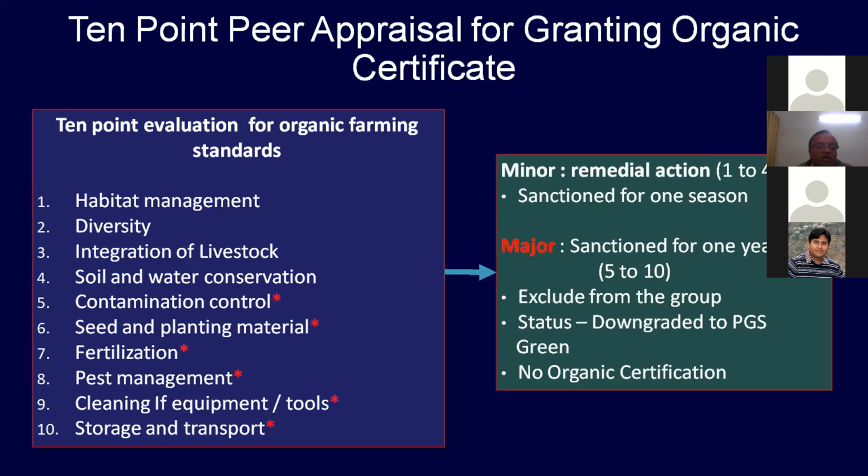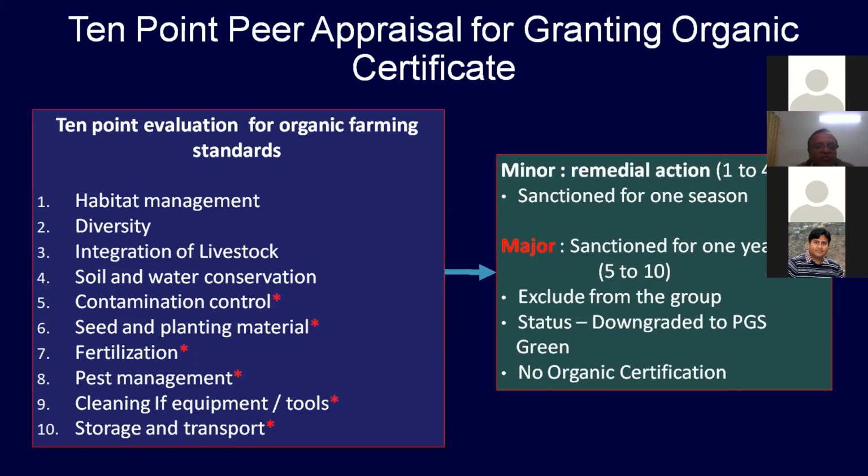Contamination control. There has to be a very impeccable effort made by the farmer for contamination control. If the farmer is not able to control these 6 issues, the crop cannot be certified as organic or PGS Green. So there is contamination control from the neighboring farmer or from water.